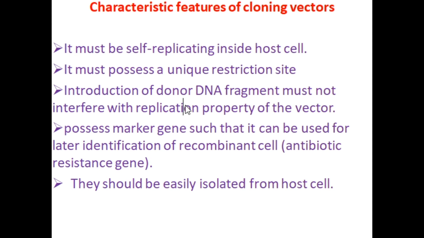Next, some characteristic features of cloning vectors. First one is self-replicating. It should self-replicate within the host cell, and then only it can multiply the gene of interest, the cloned gene or transgene.